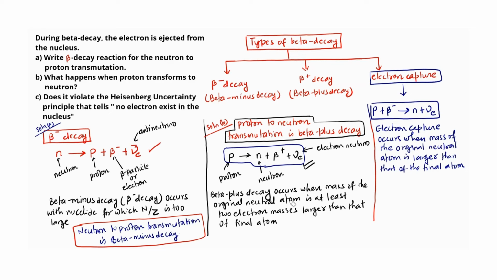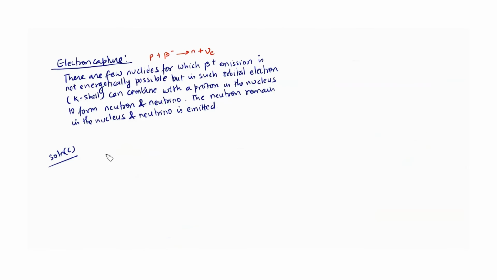Now we know in beta decay, electron is ejected. So I'm rewriting the equation.